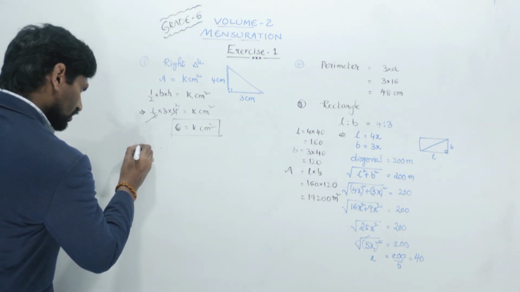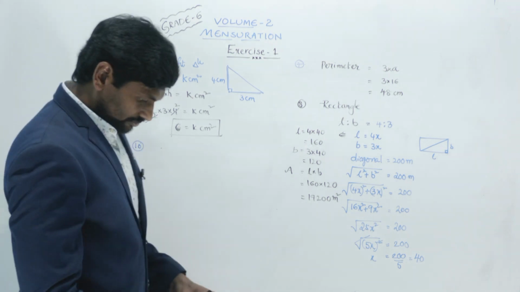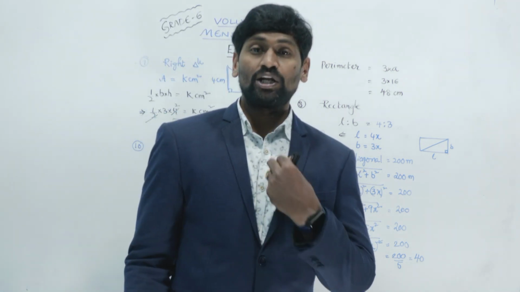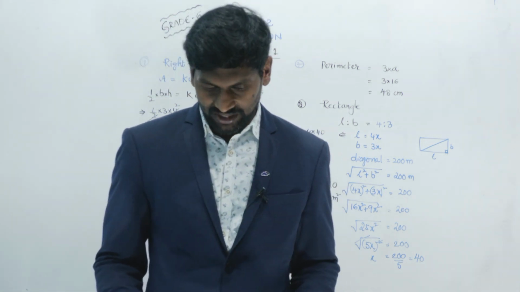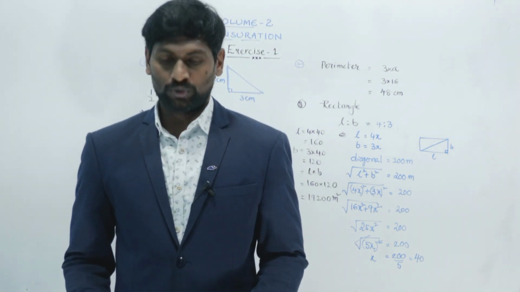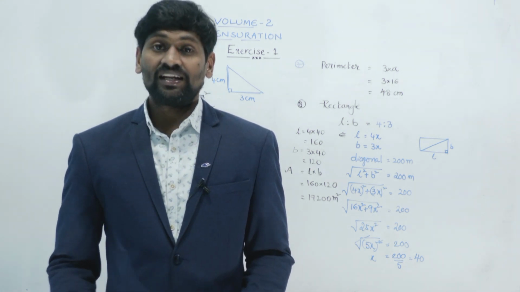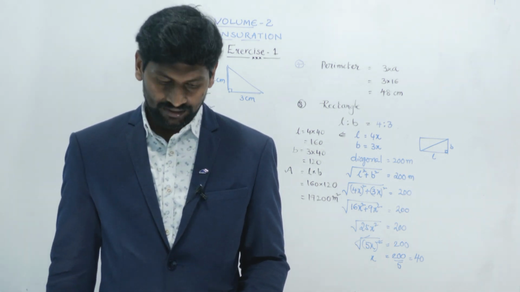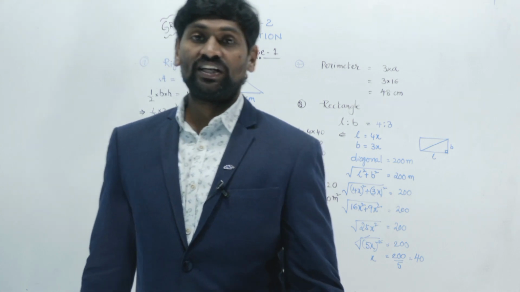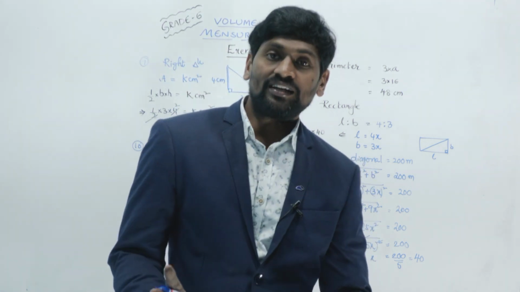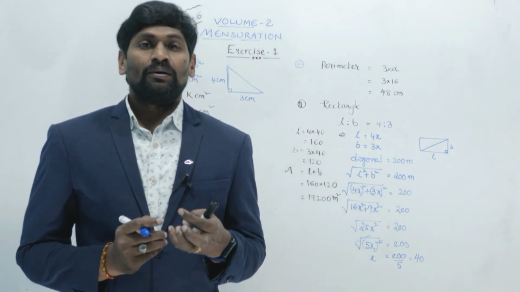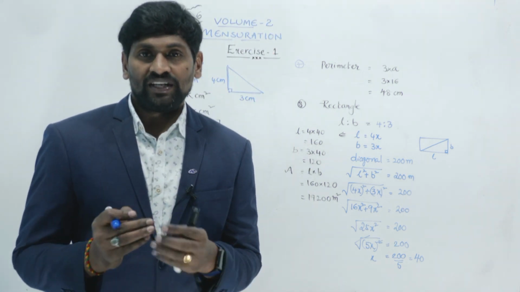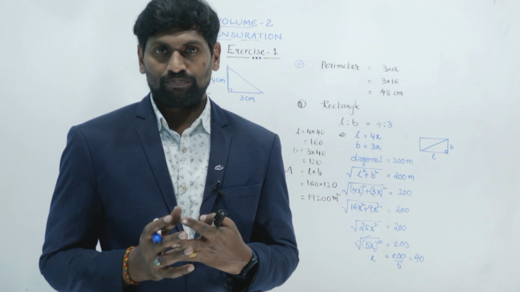So let us go to the next problem. The 10th problem is, the perimeter of a rhombus is 100 centimeter and its diagonal is 40 centimeter. Then the area of the rhombus. So perimeter and diagonal. While you are observing the problems one after another, there will be somewhat more difficulty.